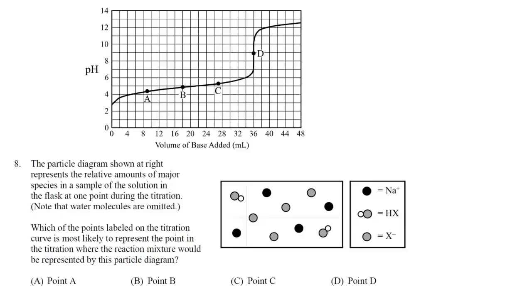Note that water molecules are omitted from this particle diagram. And the question asks, which of the points labeled on the titration curve, so A, B, C, or D, is most likely to represent the point in the titration where the reaction mixture would be represented by this particle diagram.